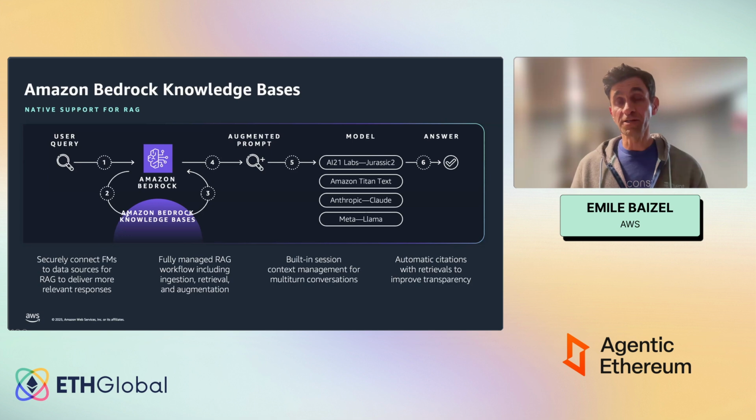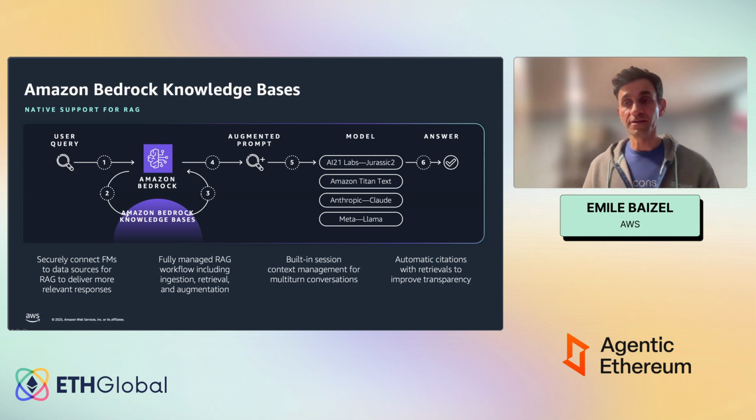Where knowledge bases really help developers is it automates the entire end-to-end RAG workflow. This includes data ingestion, data retrieval, and augmenting the prompt. This eliminates the need for writing custom code to integrate these data sources and manage the queries. Again, you can set it up just from the console, where you click a few buttons, set your data source, and you have it go.